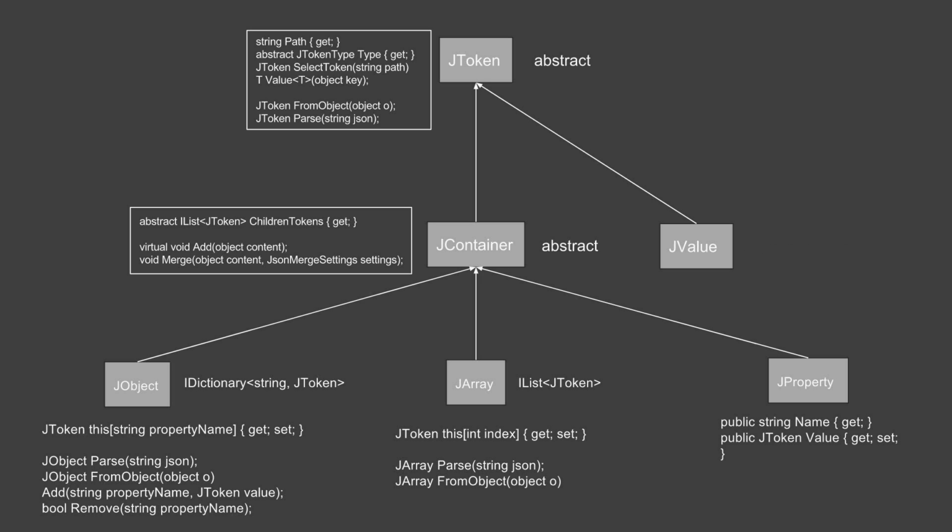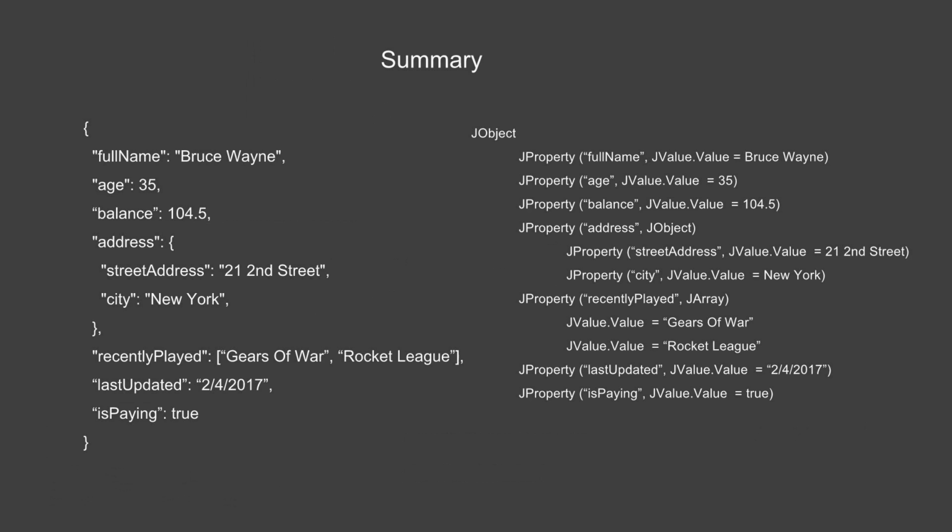Our last class is JProperty, which is much simpler than the other two implementations. It simply holds a string as a name and a JToken as its child value. So, to wrap things up, here on the right side we have a representation of how our gamer's JSON will look like at runtime.